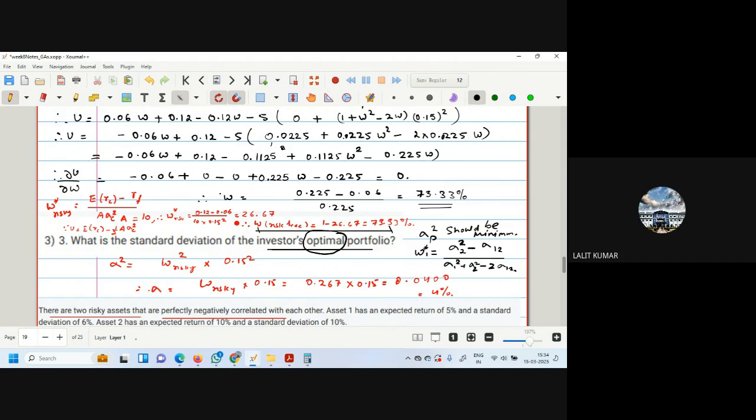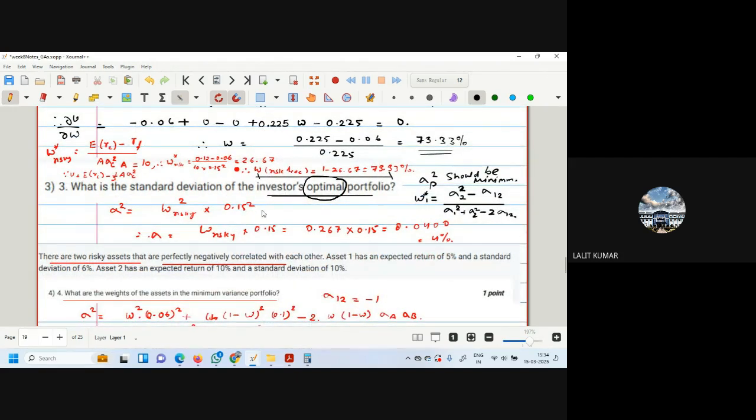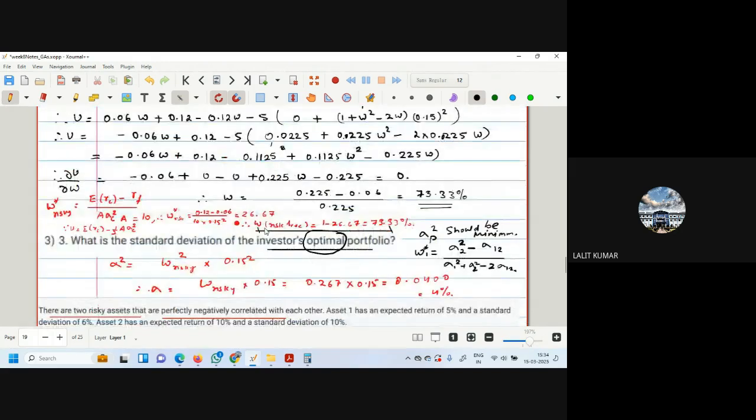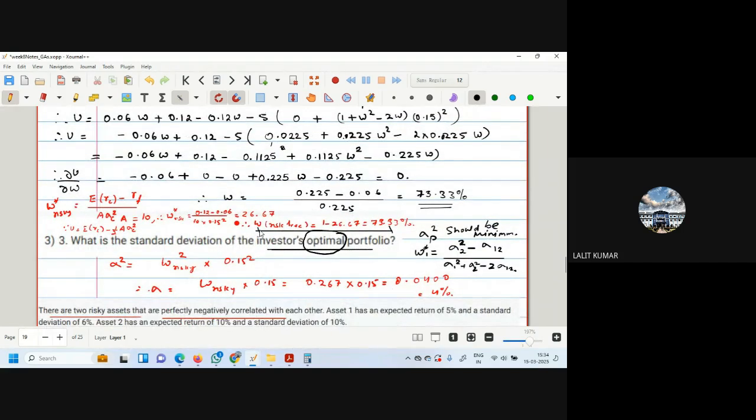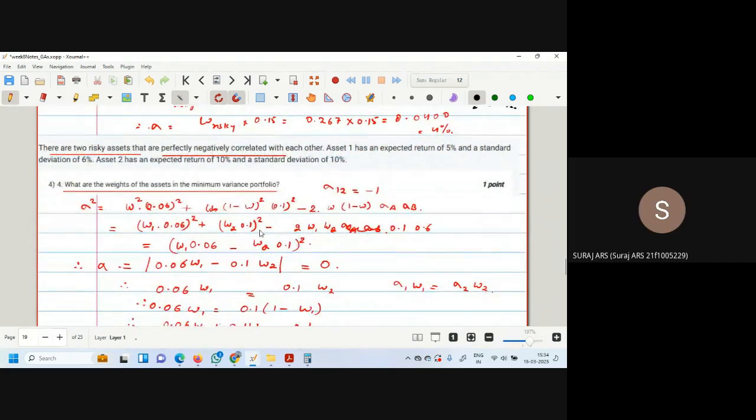You put in these values and you will get the optimal portfolio. Once you get W1 and W2, you put them in the formula for the portfolio variance and you will get the standard deviation. Is this okay? Any doubt? Okay, no doubt.